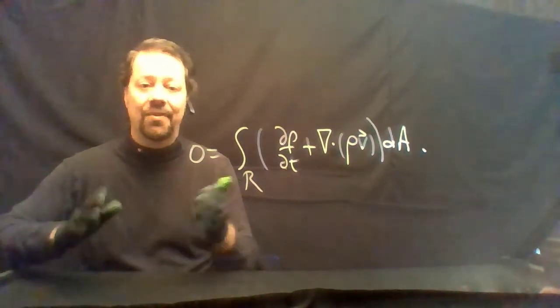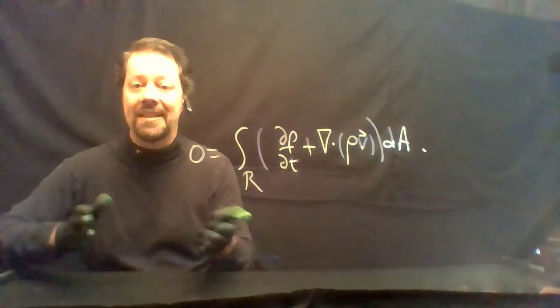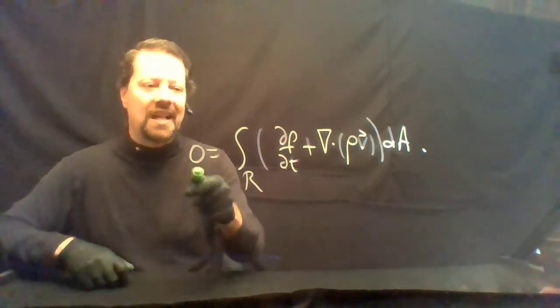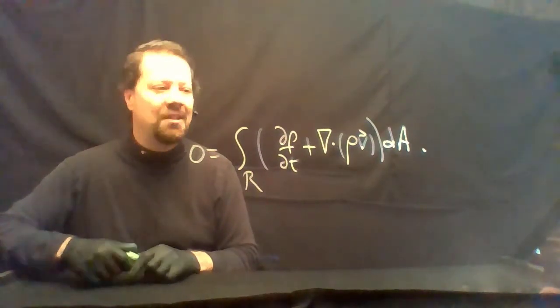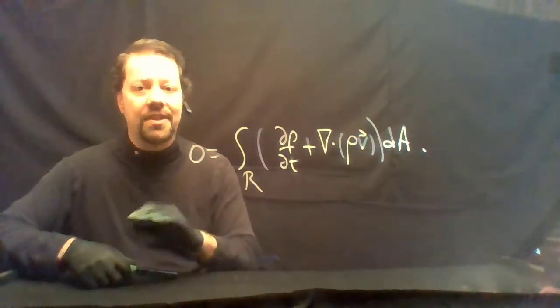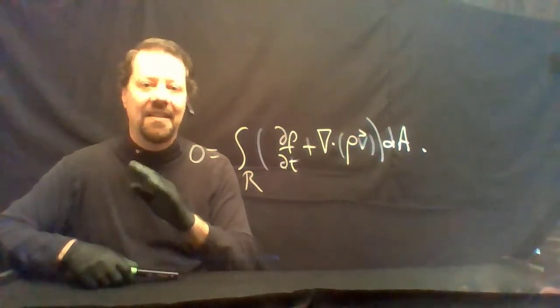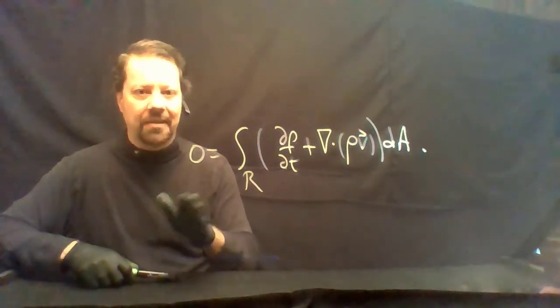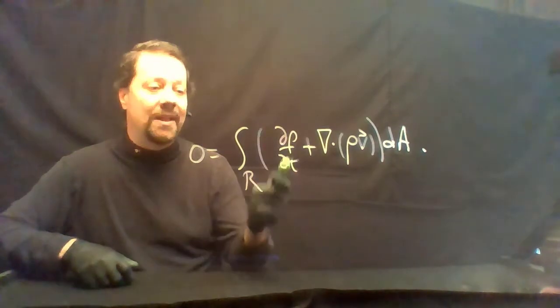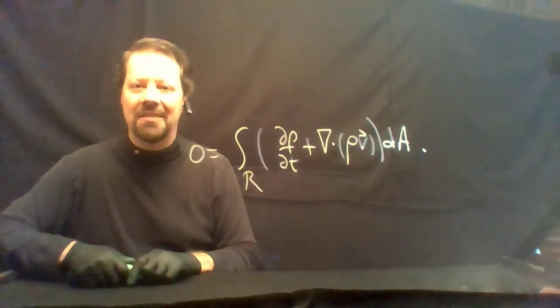If mass is either created or destroyed within the region by some other means, you would not get 0 here. You would get some other source function. But if you assume conservation of mass, the only way mass can change within the region R is by flux through the boundary, and you would end up with this equation.